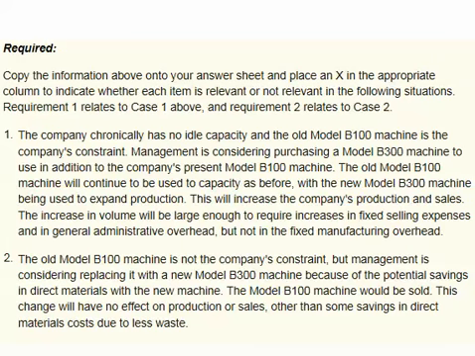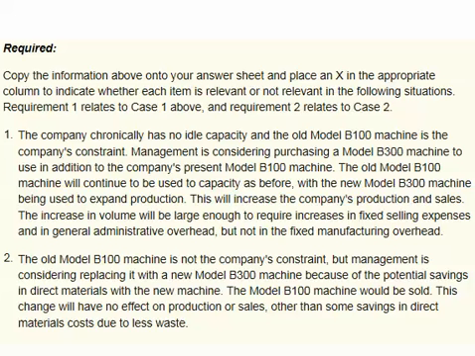The second situation we're asked to consider, we're told that the old model machine, the B100, is not a constraint, but we're considering replacing the old machine with a new model B300 because it will offer potential savings in direct materials.